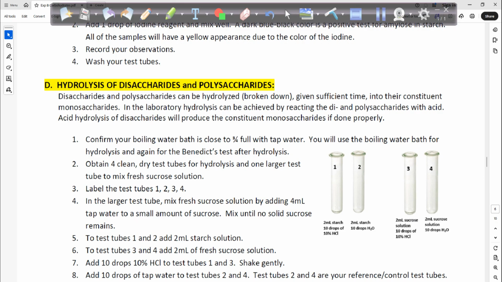Those are two different sub-experiments, not at the same time do you add iodine and Benedict's. No, first you take some portion of them to add Benedict's, and then some other portion to add the iodine. Thank you guys very much, and I'll stop here.